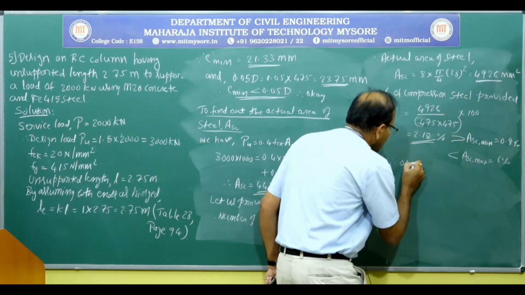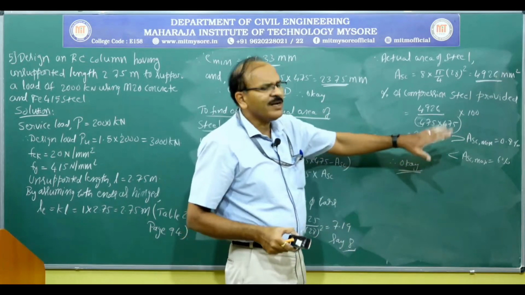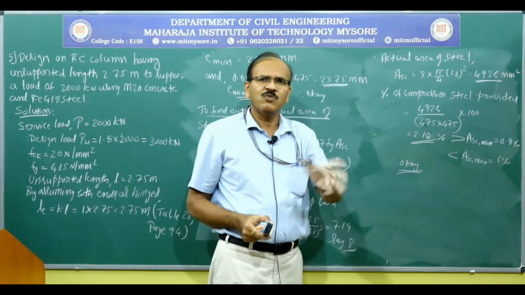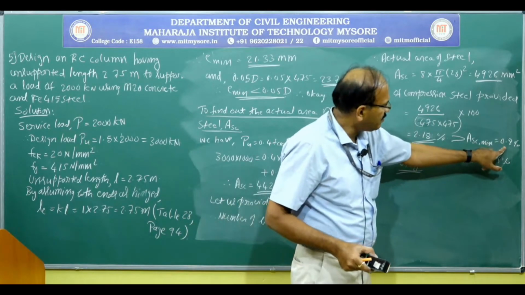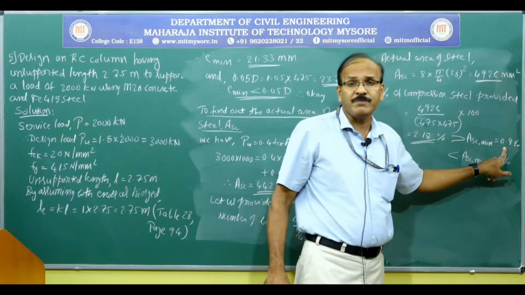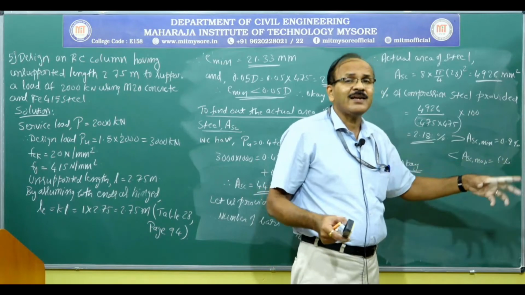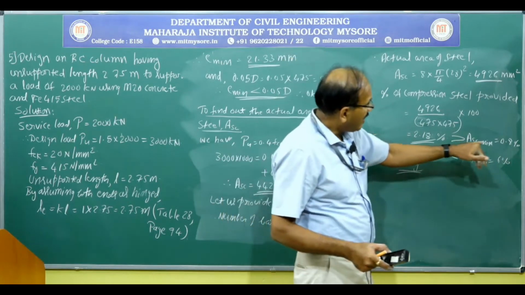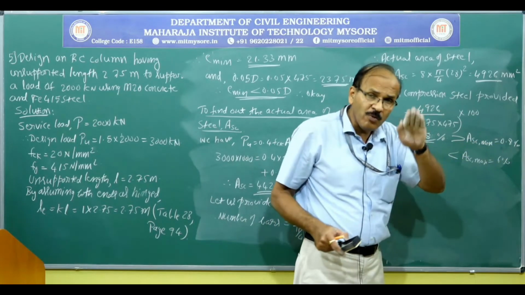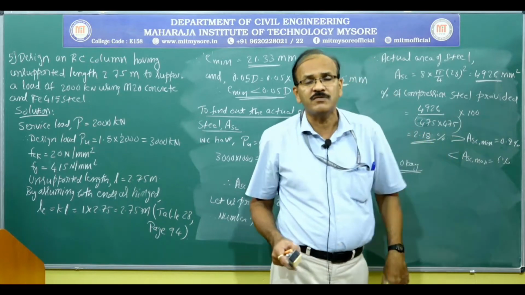So here check for minimum reinforcement and maximum reinforcement. Both conditions are checked. As per the code, the minimum steel we have to provide is 0.8%. In case the design calculation requires less steel and the steel provided goes below 0.8%, the code specifies to provide at least 0.8% of the gross area.